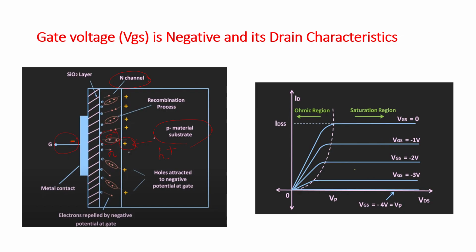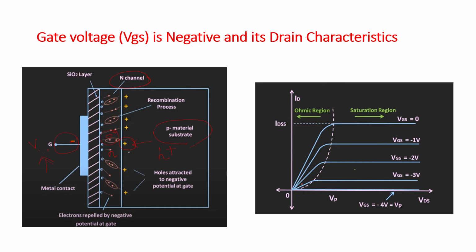So when we keep increasing the negative voltage VGS, the holes will get attracted and move towards the channel, and the electrons present in the N channel will combine with the holes from the substrate. So recombination takes place and the number of free electrons reduces. When the voltage increases, the recombination increases and the number of electrons decreases.